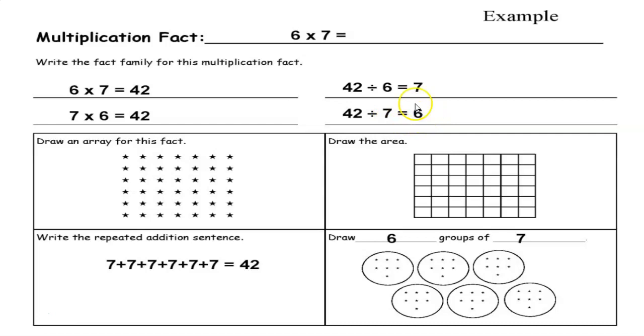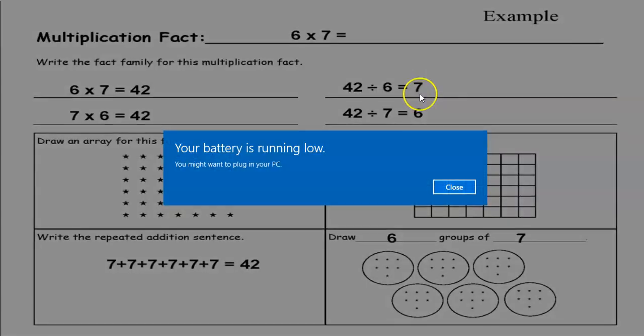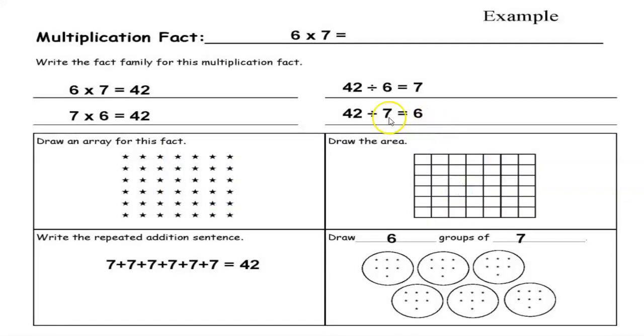How many groups do I have? So in this equation, the answer is called a quotient, but the question is, how many go inside each group? And the answer is 7 go inside each group. And in this equation, the question is, how many groups can I make? And the answer is, I can make 6 groups. And so now we have a completed fact family.